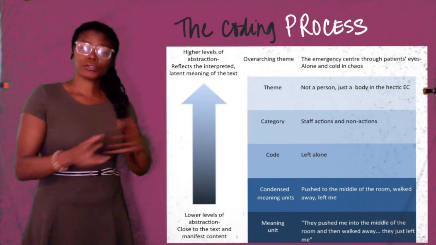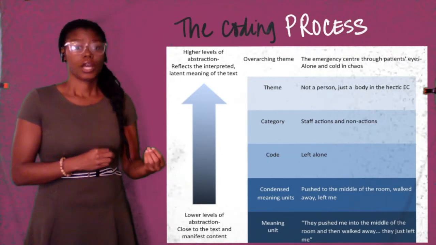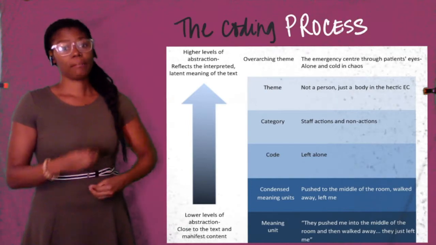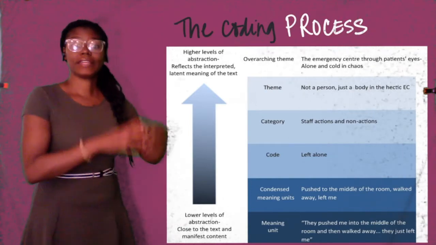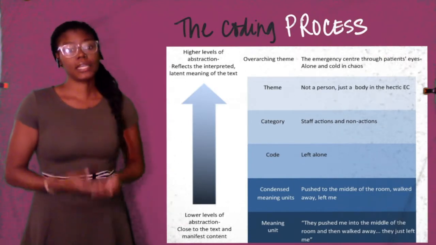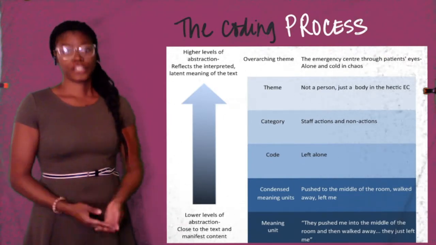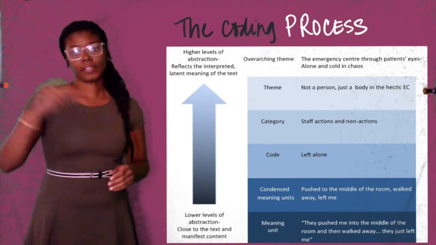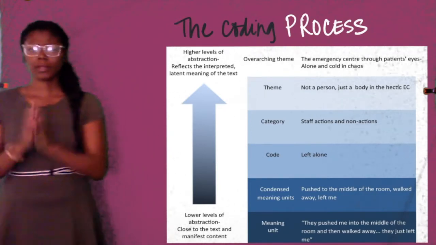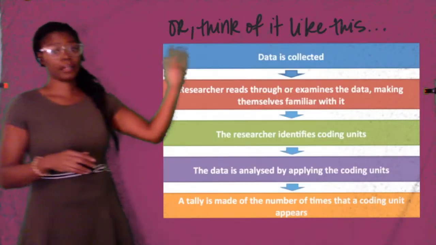Those choices can be switched regardless of the method that you're choosing. It's simply what the raw data, the meaning unit, looks like that changes in these coding processes, method to method.